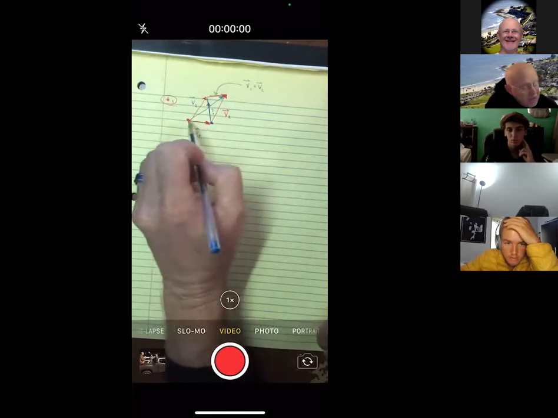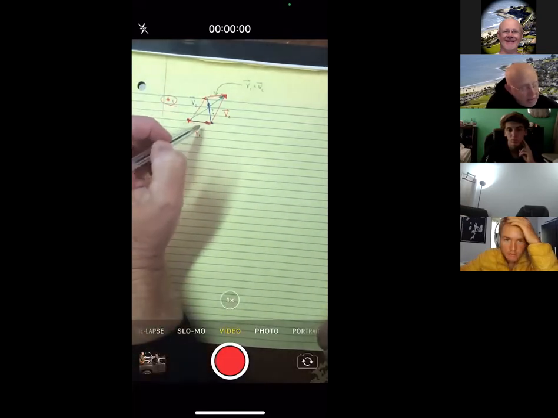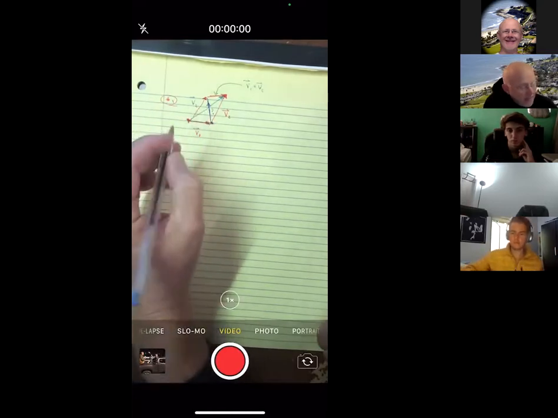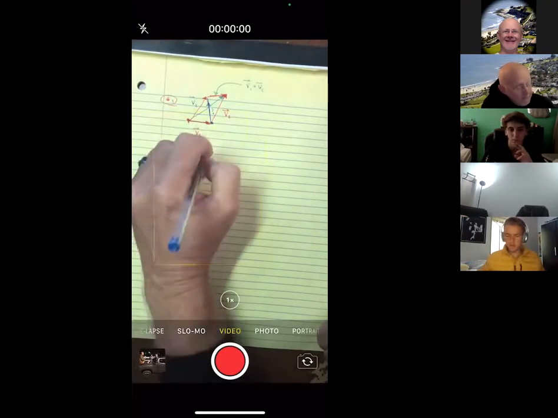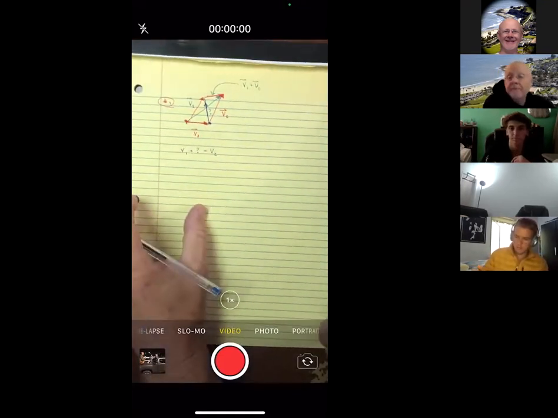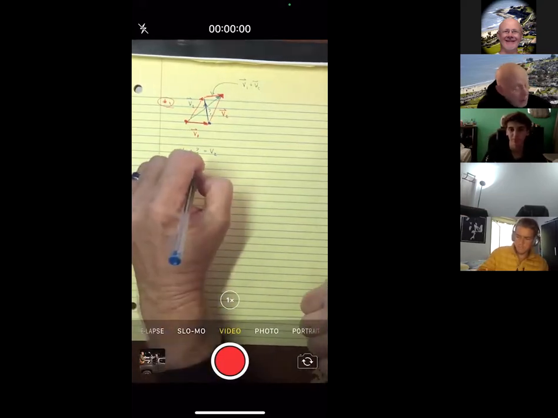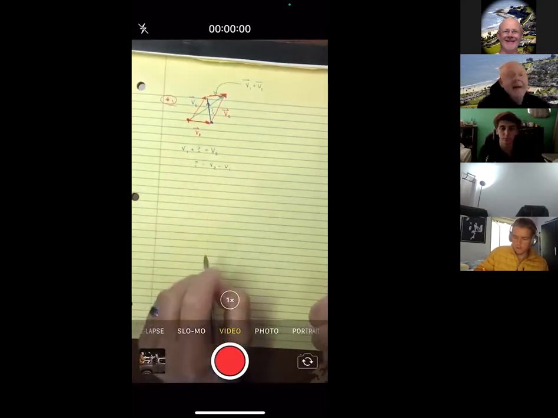But I'm hoping you can see that this red number 1 and this blue question mark are drawn head to tail. So I would say number 1 plus question mark is number 2. Or put another way, question mark is 2 minus 1.